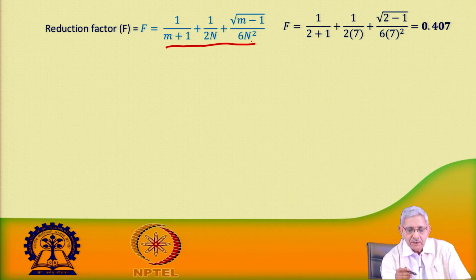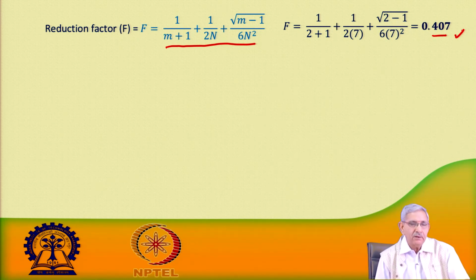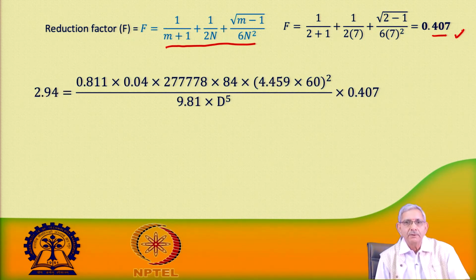So, when they are equally spaced and using the Darcy-Weisbach equation, we use this expression where m equal to 2 and capital N, the number of sprinklers or outlets, is 7. Substituting these m and n values, we find the reduction factor capital F as 0.407.